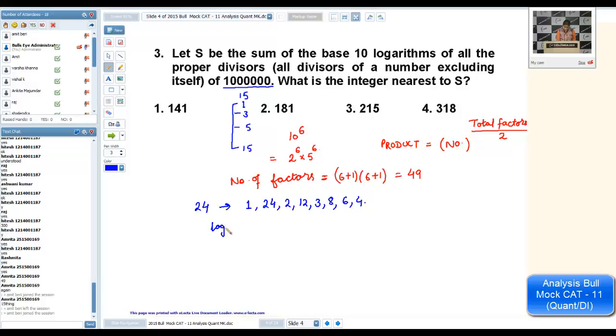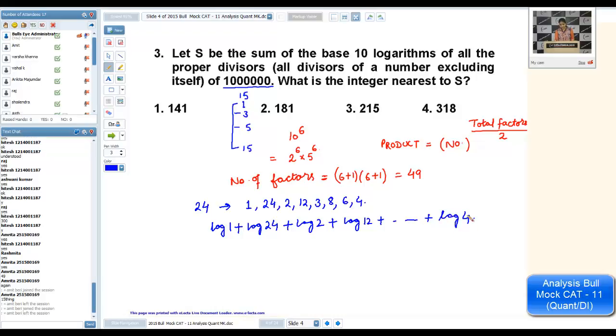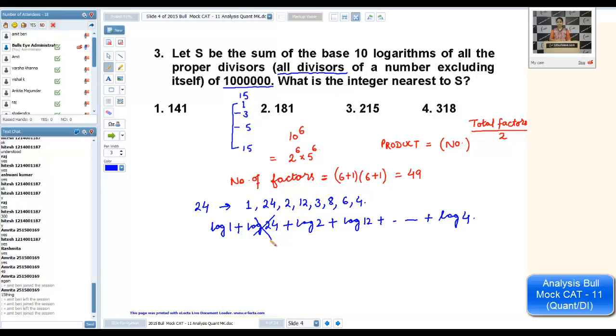So, the question asked is log 1 plus log 24 plus log 2 plus log 12 so on up to log 4. Now coming back to the question, see this line, all divisors of a number excluding itself. So this has to be dropped. We cannot consider log 24. That is the meaning of the question now. Is it okay, Amrita? Is it okay? I'm waiting for your answer, please.